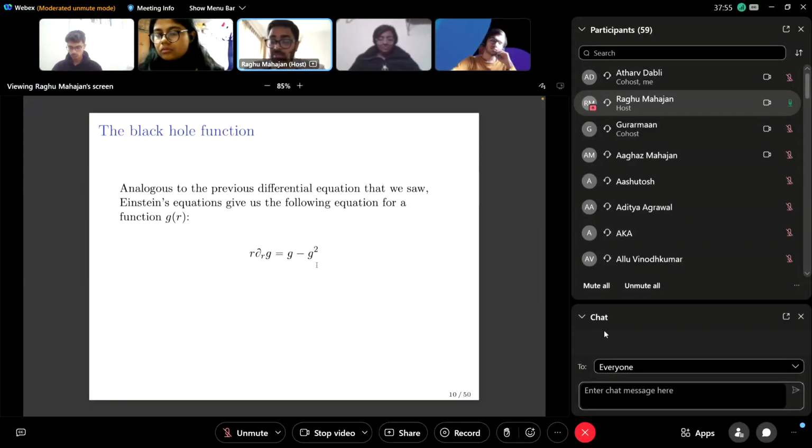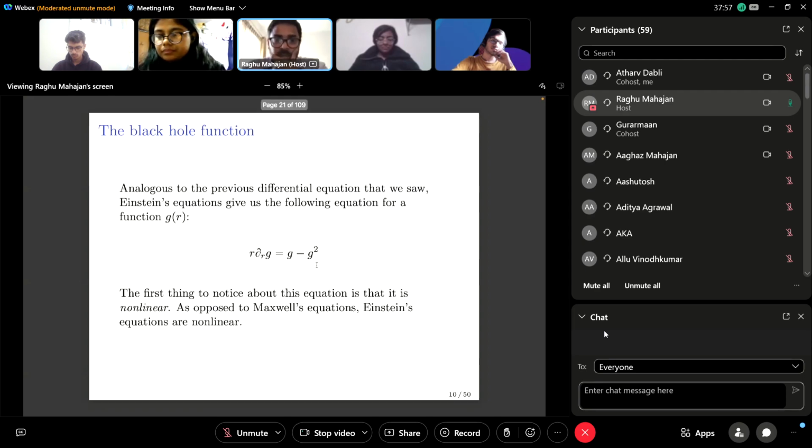That's it. That's what Einstein says. The first thing to note about this equation is that it's nonlinear, because it contains this g squared. It's not just a linear differential equation. So that's the first point of difference. As opposed to Maxwell's equations, Einstein's equations are nonlinear.